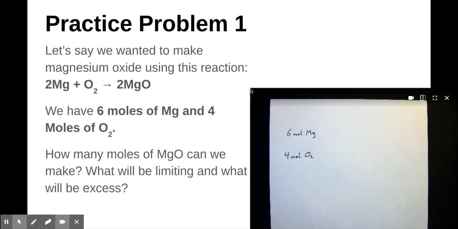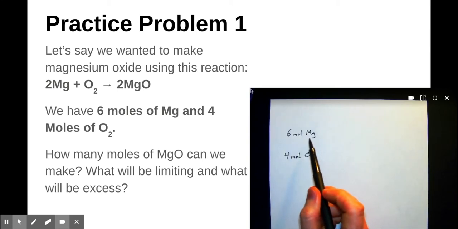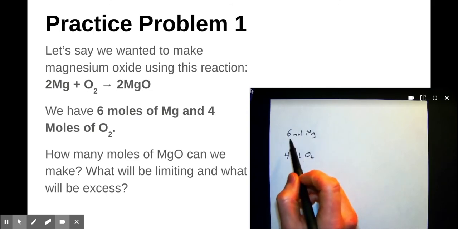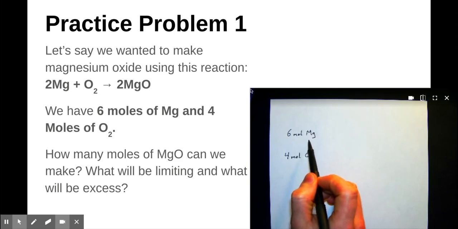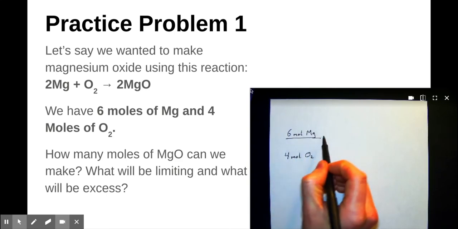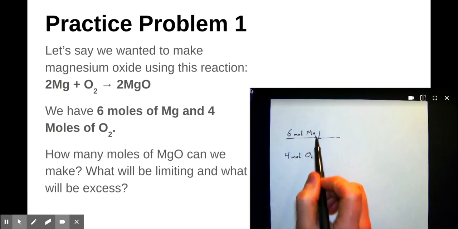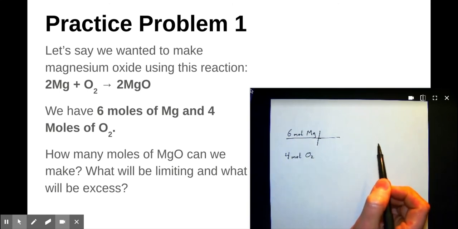So what you really need to do here is convert both of these. You need to take a trip through Chemistry County or do some stoichiometry or however you want to say it, and you're going to figure out how many moles of magnesium oxide you can make with each of these different ingredients. So we have 6 moles of magnesium, and we want to know how many moles of magnesium oxide we can make.